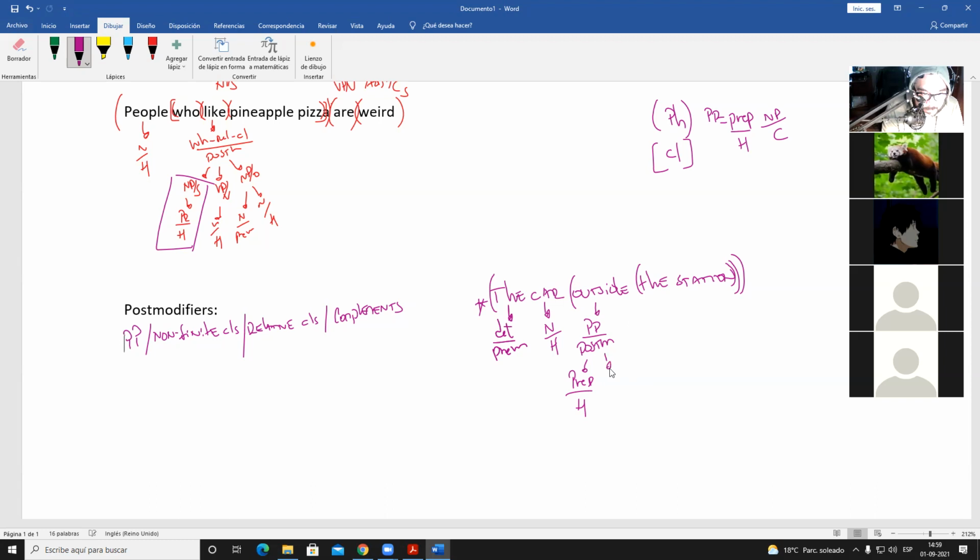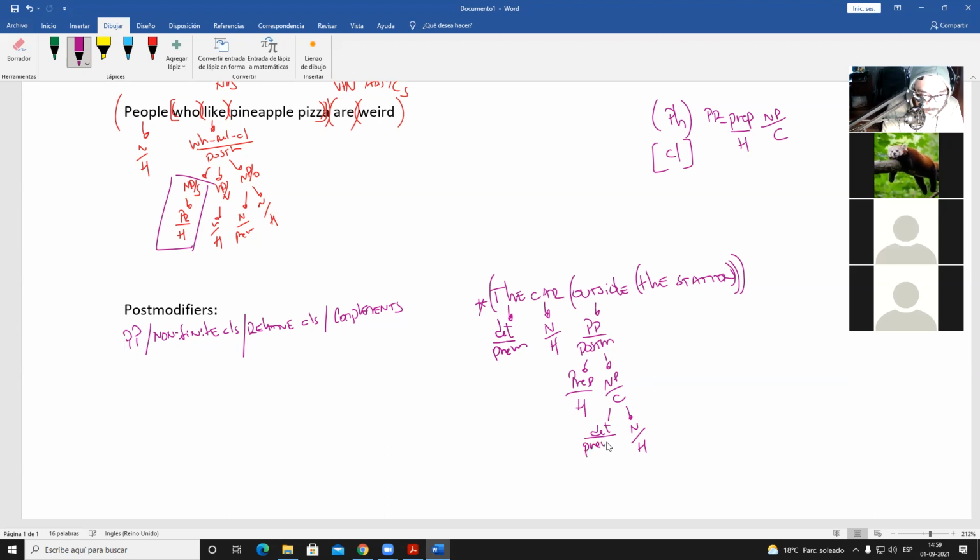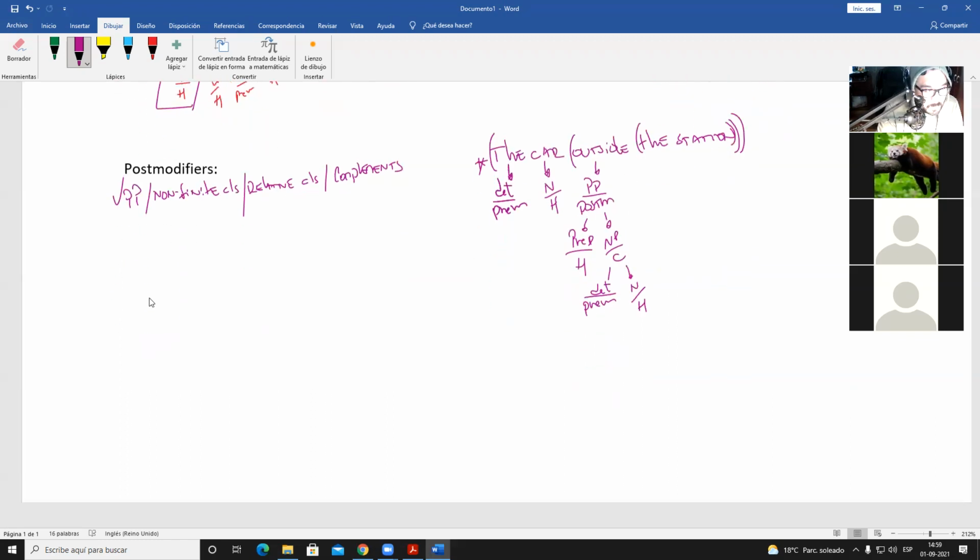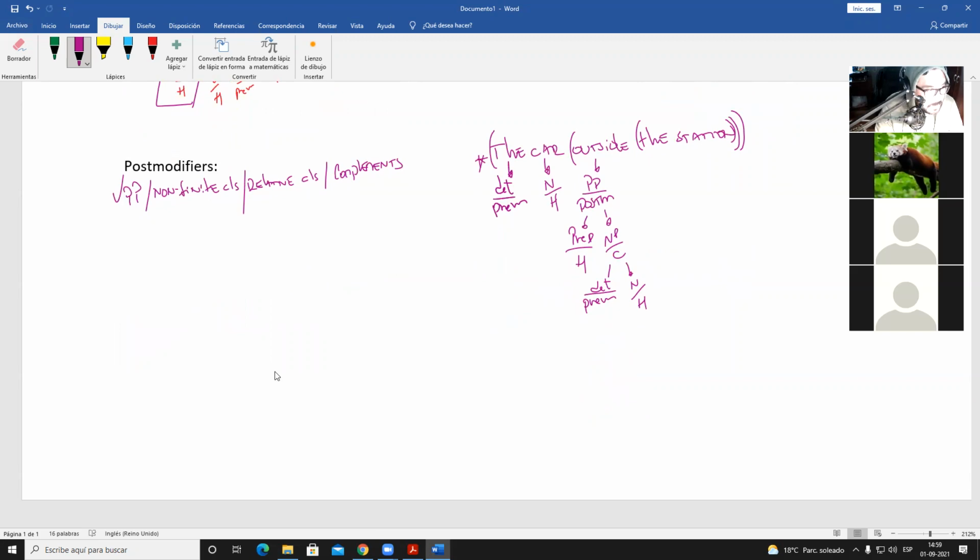And then I'm going to say this is a noun phrase complement, where the most important word is the noun station, which is our head. And then it is preceded by the central determiner, the, which is a pre-modifier. In that manner, we have proved that prepositional phrases can be post modifiers. Any question?